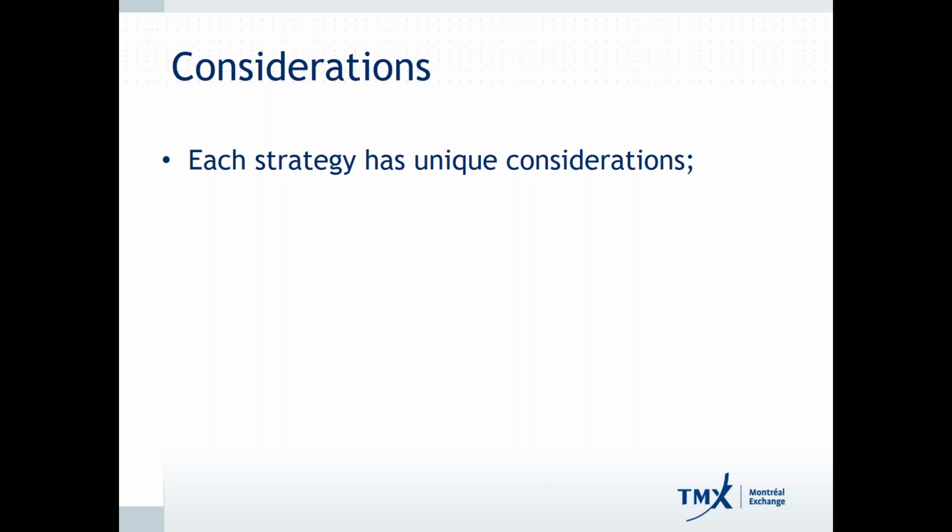So each strategy has unique considerations, and some of those are obviously driven by things like risk-reward. Risk-reward is very important. Ultimately, creating asymmetry in trades is one of the objectives almost every trader seeks. Like, how do I lose small, win big, right?